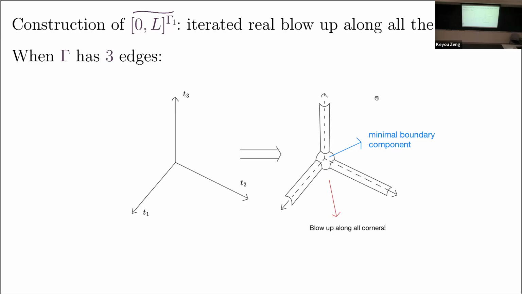So we have 3 different axes. This is T1, this is T2, this is T3. This is the origin. First, we can perform the real blow up along the origin. Then we can apply the blow up along all the axes. This is what we get. That's a compactification.